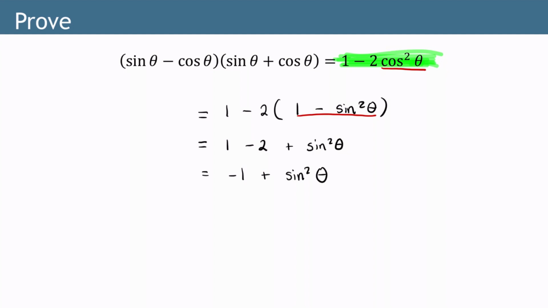I don't know. This is where you can get into traps where you're cycling back. This looks a lot like what I had above, so what could I do? Well, I could take sine squared and replace it with 1 minus cosine squared, but then I'm going to cycle back and end up with what I had there.